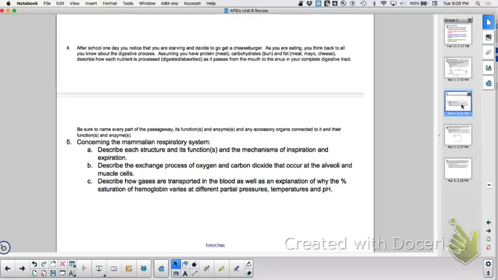Let's do fat. Mouth. Mechanical, teeth. Esophagus. Mechanical, muscles. Small intestine. Does the liver do anything for us? Yes. The liver makes bile, stores it, and secretes it into the duodenum, or beginning of your small intestine.